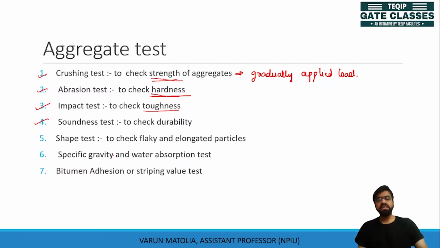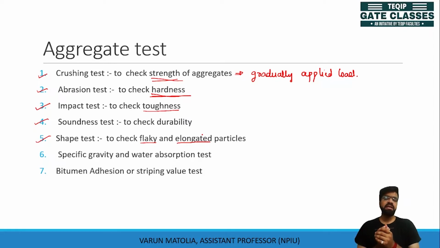Then we check the shape of the aggregate. Aggregate should not be flaky as discussed, and also it should not be elongated. Elongated means if one of the dimensions is excessively larger than the other two dimensions, then the aggregate is known as elongated.